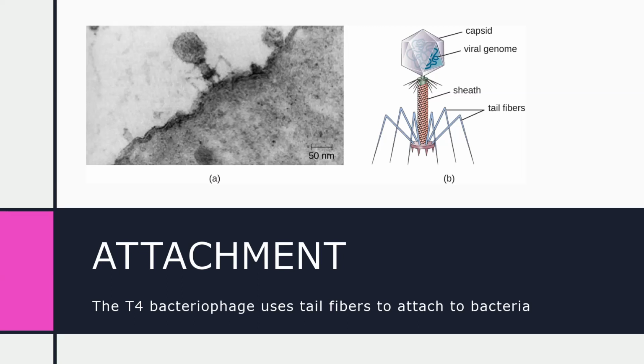So a bacteriophage is only going to affect bacteria, but specifically, it's probably only going to affect one type of bacteria. So a coliphage is only going to affect E. coli. A Campylobacter phage is only going to affect Campylobacter.